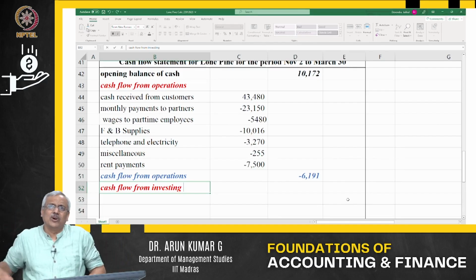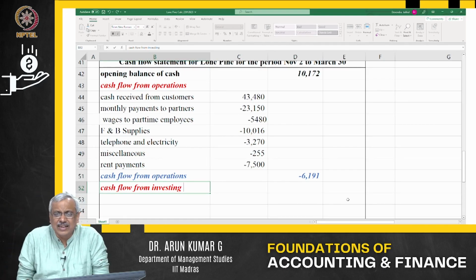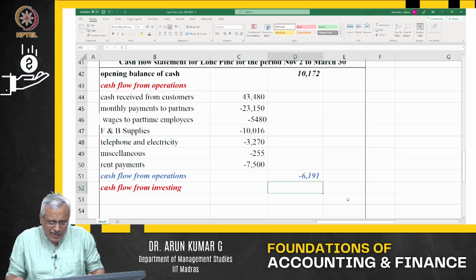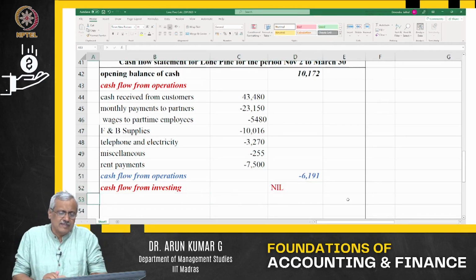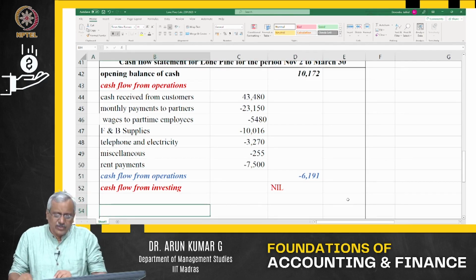There is no money that you have invested in machinery, in purchase of an asset, or in any deposits or anything else. Unfortunately, the cash flow from investing activity in this case is nil. So let me go further.